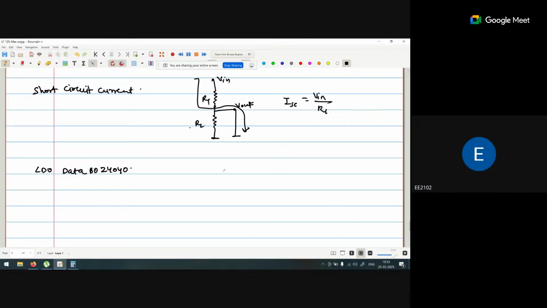24040. Okay. They discuss the parameters, not the data sheet. They discuss the parameters for R1 and R2, which are 5 and 5 ohm.